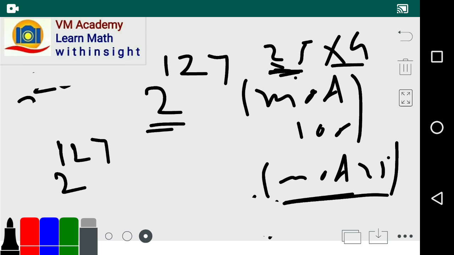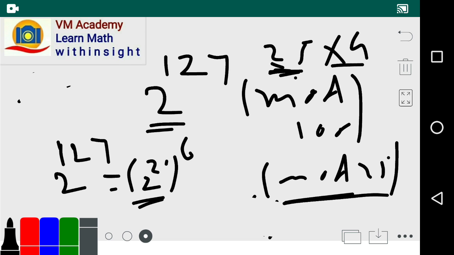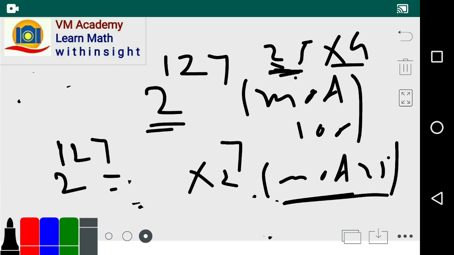So its sixth power, 2 raised to 20 raised to the power 6, is also congruent to 1, and we multiply this by 2 raised to 7. So this becomes 1 times 2 raised to 7, and 2 raised to 7 is nothing but 128, and 128 can be written as 125 plus 3.